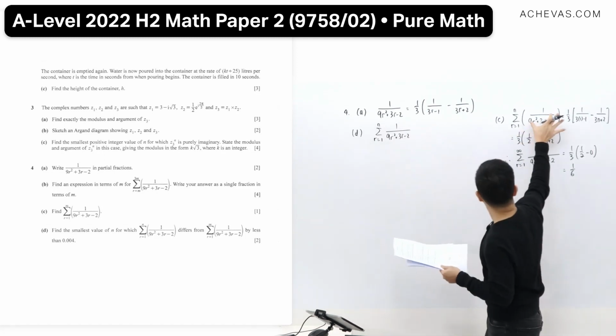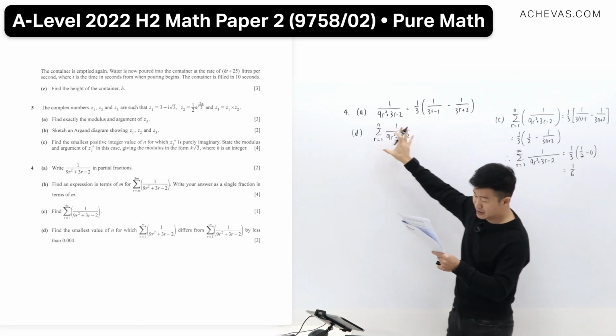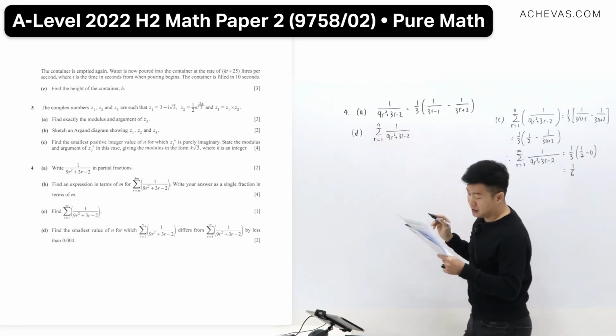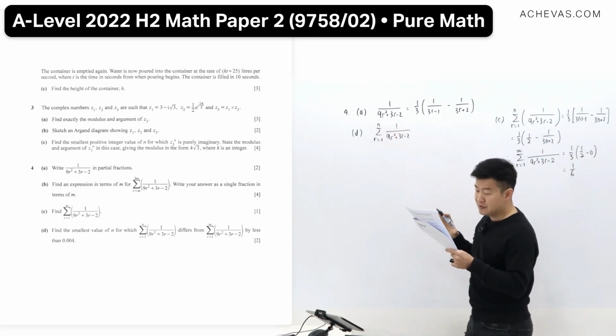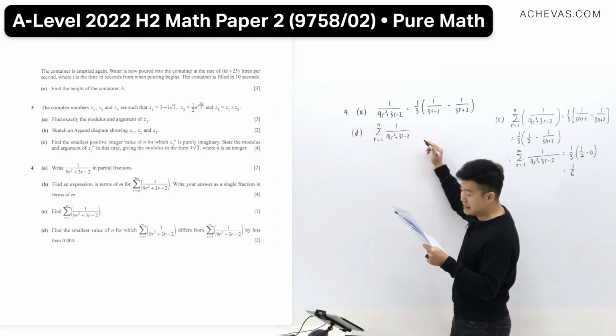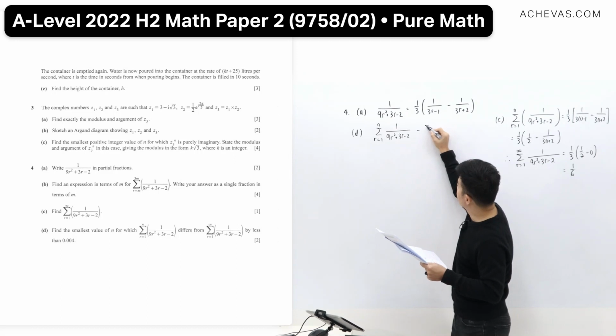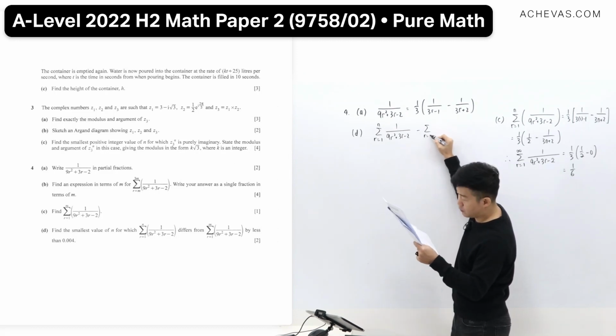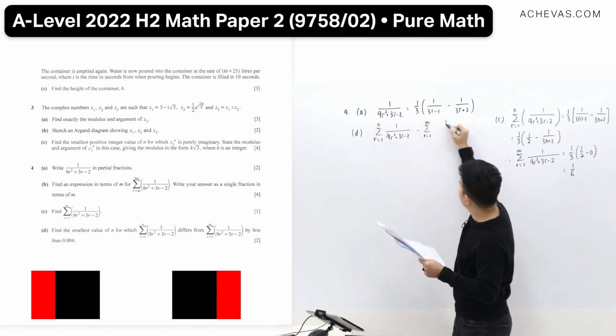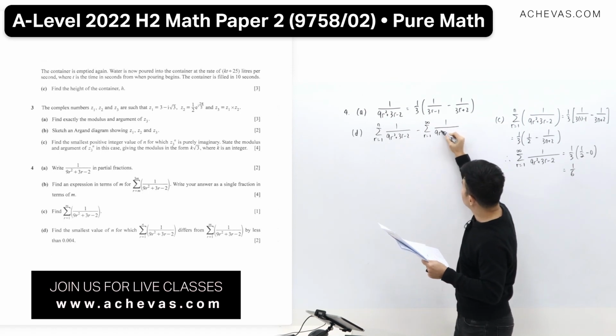I'm glad we did this. So now we actually have the expression to represent this. We want to find the smallest value of n for which this differs from the sum to infinity, starting from 1 all the way until infinity of 1 over 9r squared plus 3r minus 2.